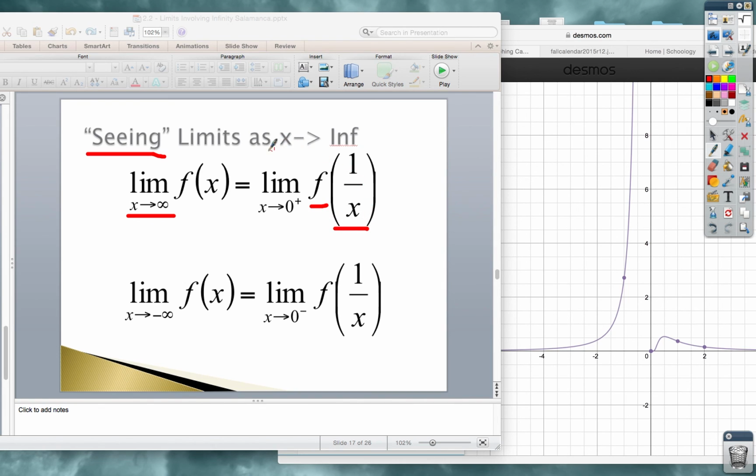And in order for us to see the limit as x approaches positive infinity, we go towards 0 from the positive side. When we want to see it as it goes to negative infinity, we see what the function approaches from the negative side. So we'll do this a little bit slowly.